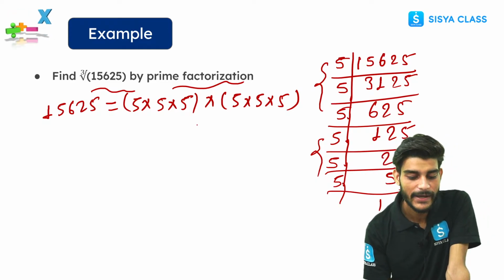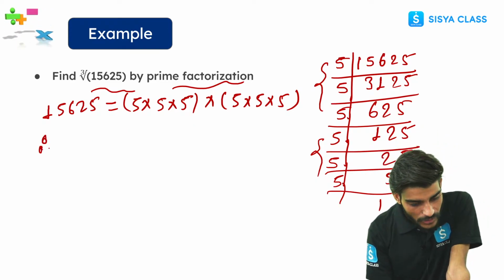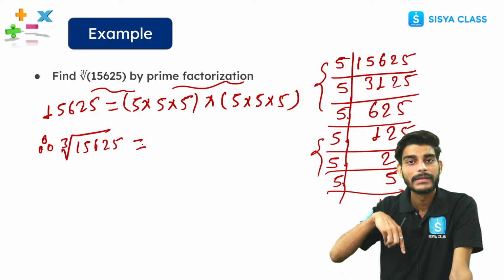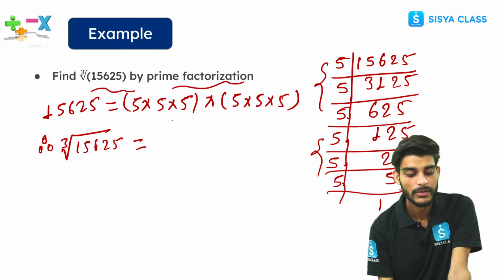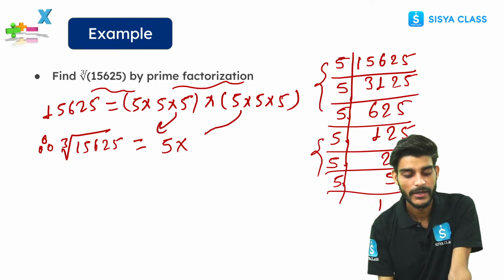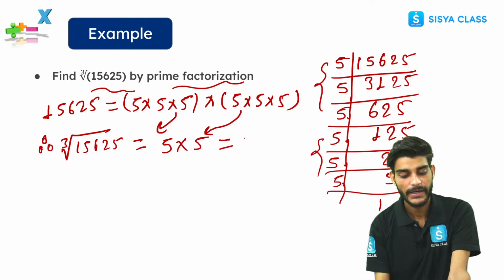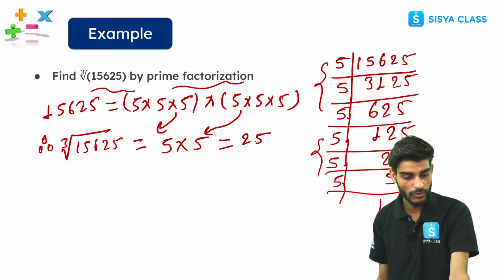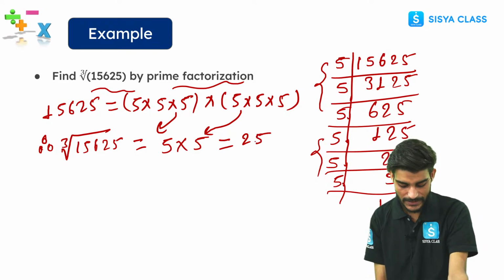So if we have to find its cube root, what do we have to do? In cube root, just take one number only. If you take one number from this triple, it is 5. If you take one number from this triple, it is 5 into 5. That is 25. Right? So the cube root of 15625 is 25.